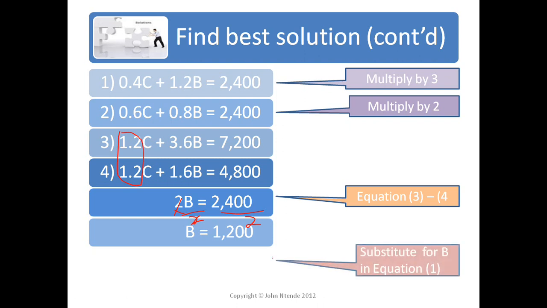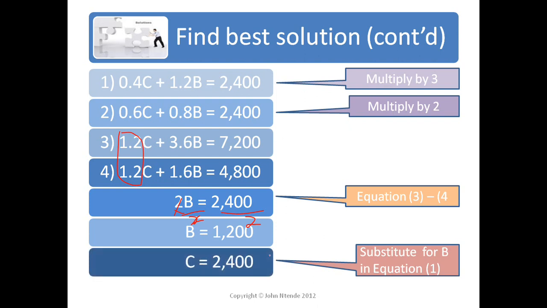If we substitute B is equal to 1,200 in equation 1, we end up with C is equal to 2,400. So B, the number of units of bread we should make is 1,200, and the units of cake we should make is equal to 2,400.